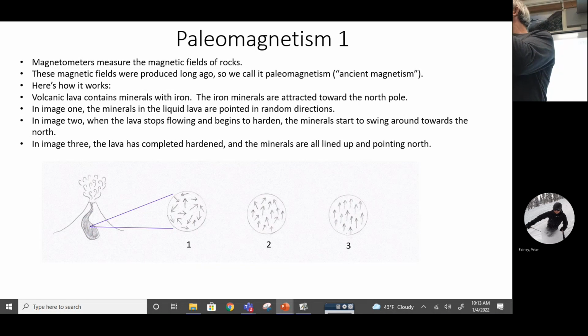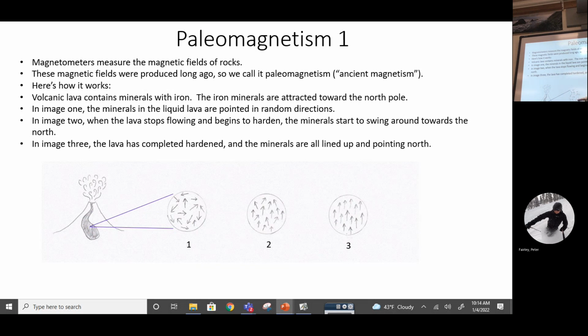Now, when the volcano first erupted and the lava flowed down the side, it was all liquid, wasn't it? And that means that these iron crystals were all pointing in random directions. I think this is where you're supposed to describe how paleomagnetism works, right? Yeah.